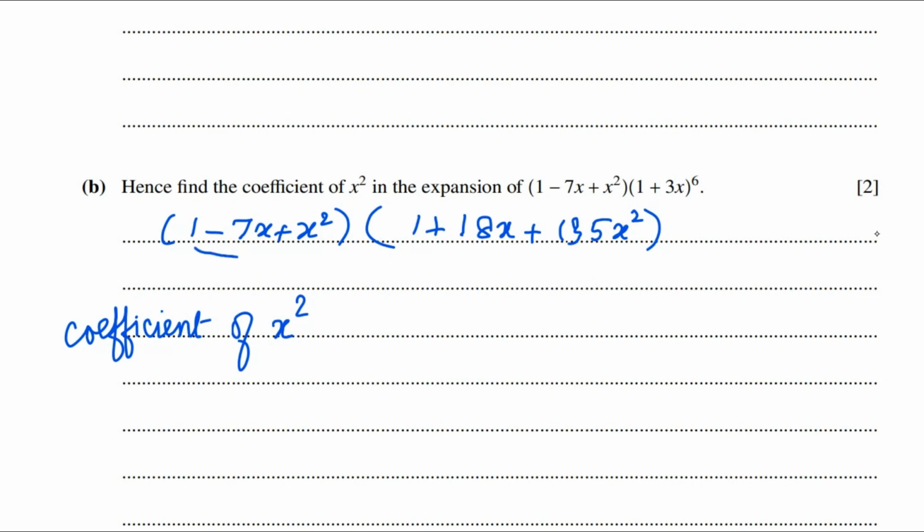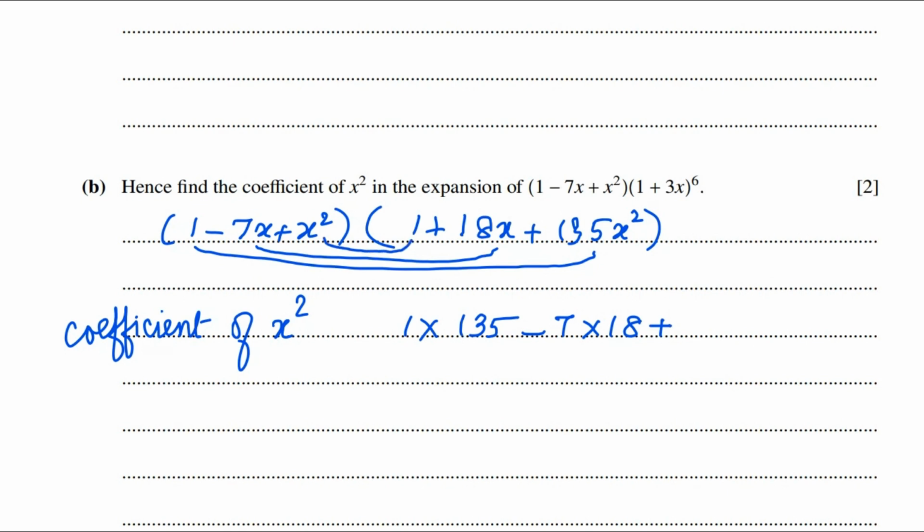When you multiply this 1 by this x squared term, you will get the coefficient of x squared, which is 1 multiplied by 135, and if you multiply this x term by another x term, you will get an x squared term. So the coefficient will be negative 7 multiplied by 18, plus this multiplied by this, so 1 multiplied by 1.